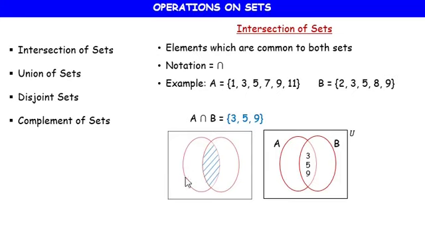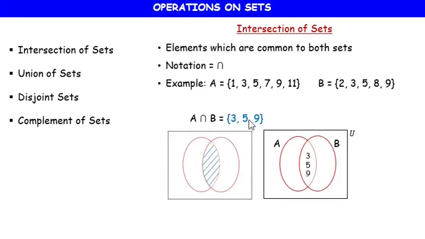Now because they have some members in common, we are going to cross the two circles, and the point where the two circles intersect or meet is where we put our intersection. So the shaded region here is where we put our intersection.